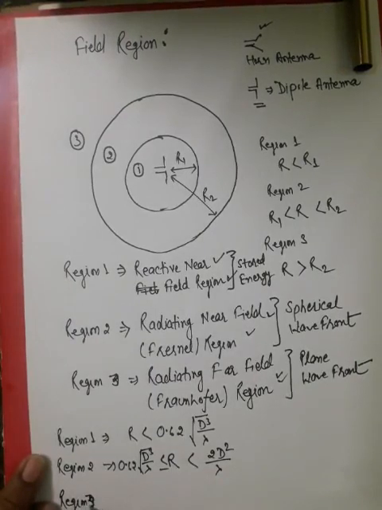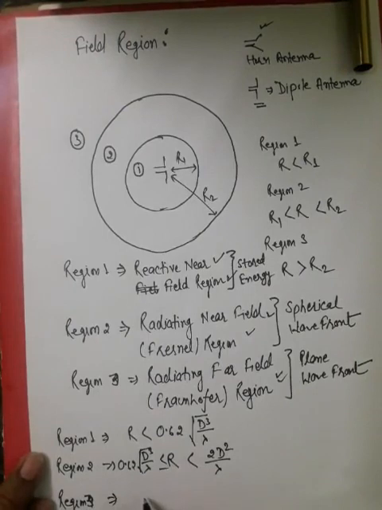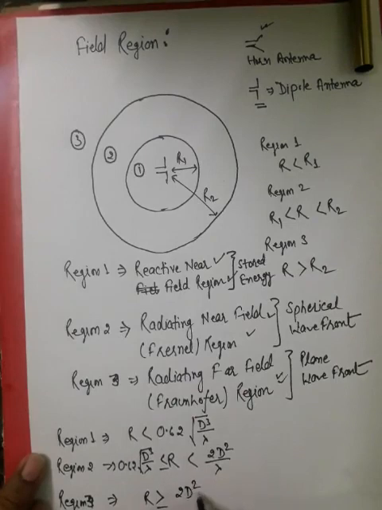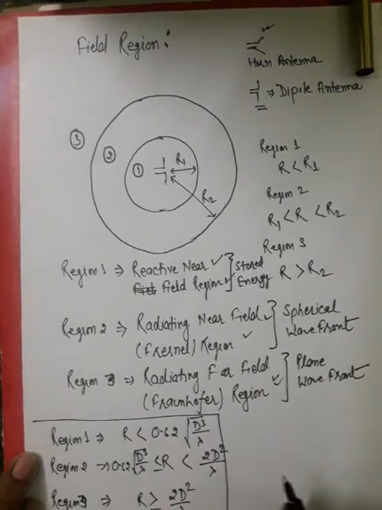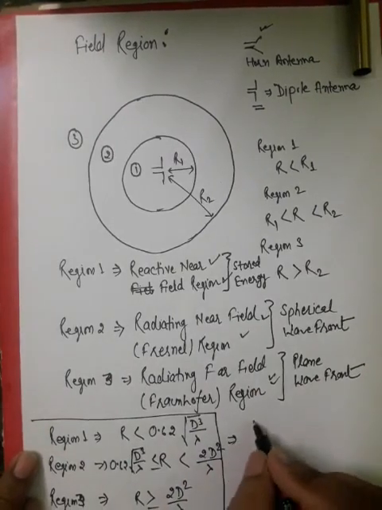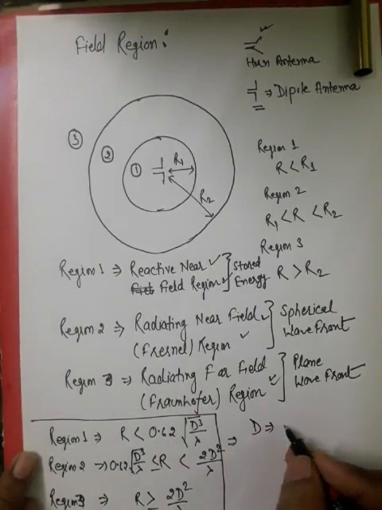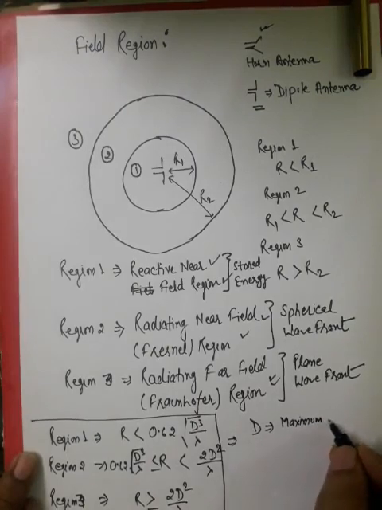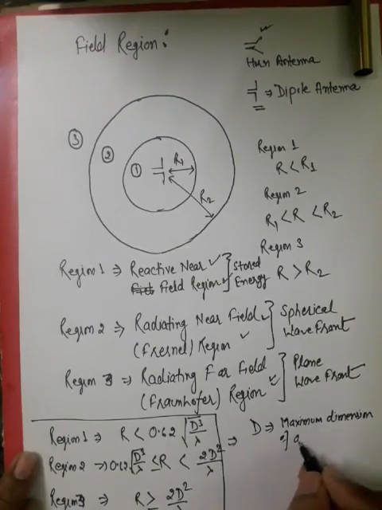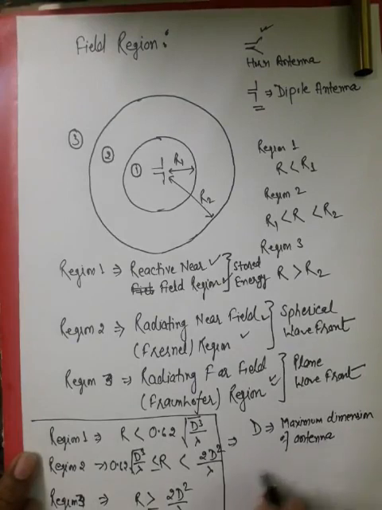Region 3, sorry, I am always writing 4, but it is region 3: r is greater than or equal to 2 d square by lambda. For all these, d is the maximum dimension of the antenna. Lambda, you know, is the wavelength.